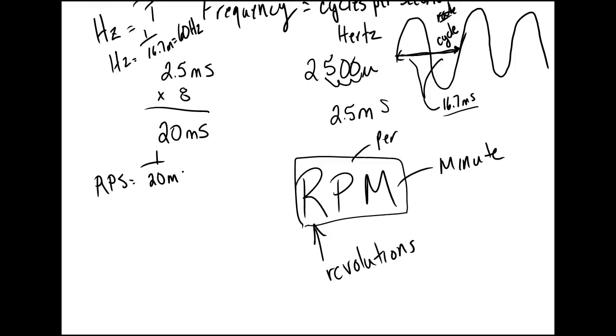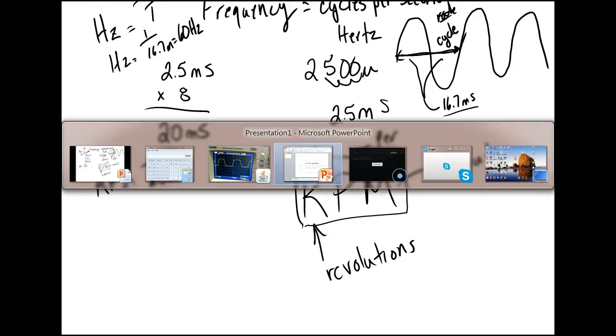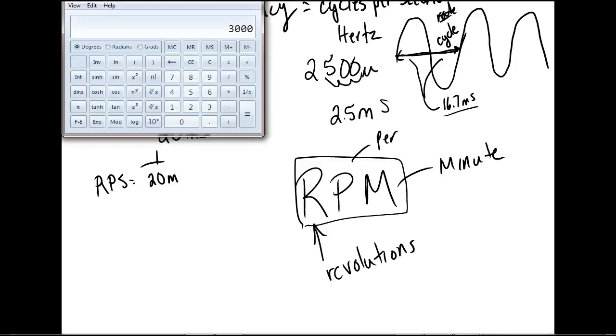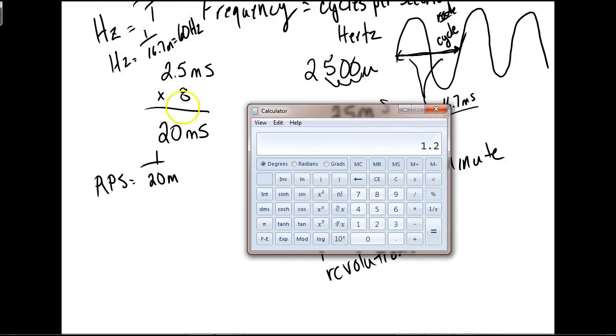What does that give us? I'll leave my calculator up. So I started off taking 2.5 times 10 to the minus third. That equals that. Then I multiply that times 8, which equals that. So somehow we did that first one wrong.